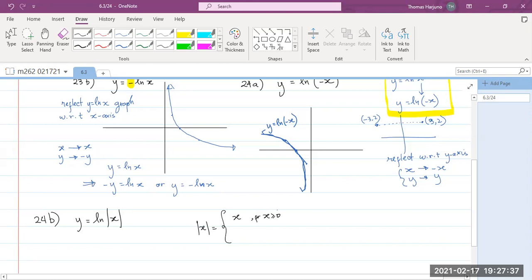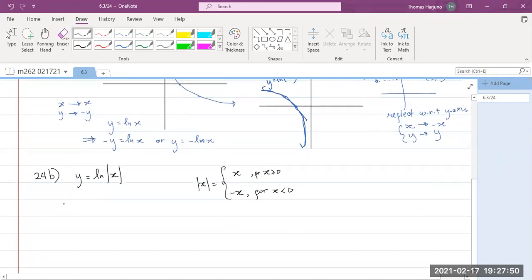When it is positive, that's as is. When it is negative, then you apply another negative to make it positive. So basically, this function can be rewritten as y equals natural log of x when x is positive or 0, and natural log of negative x for x negative.